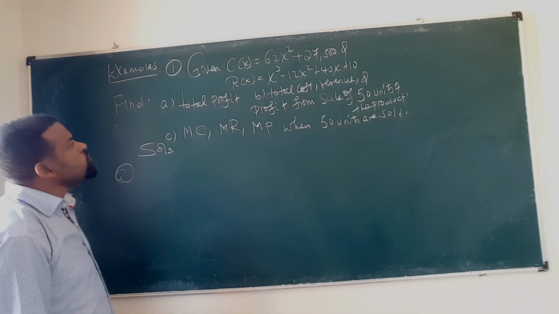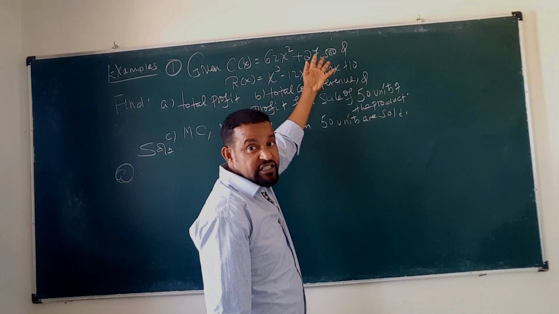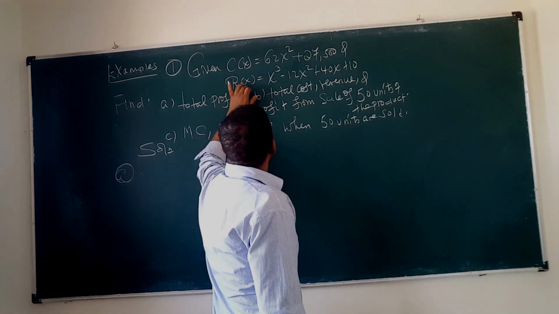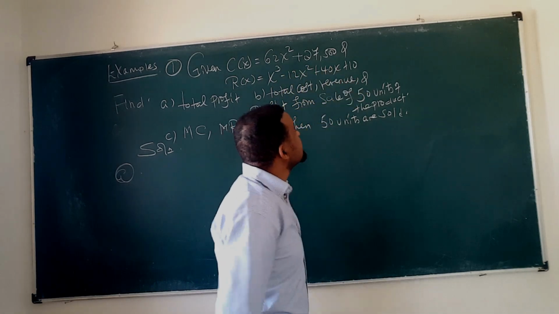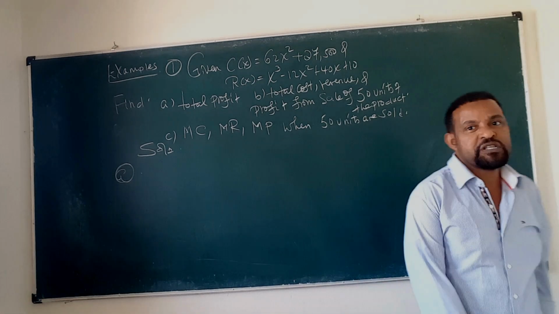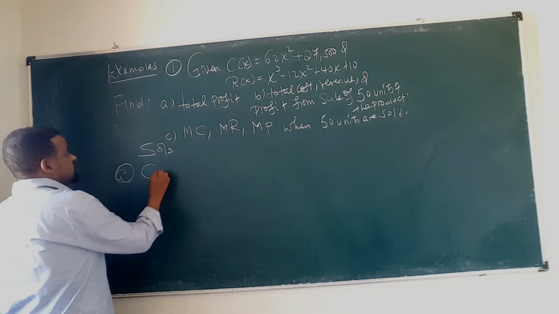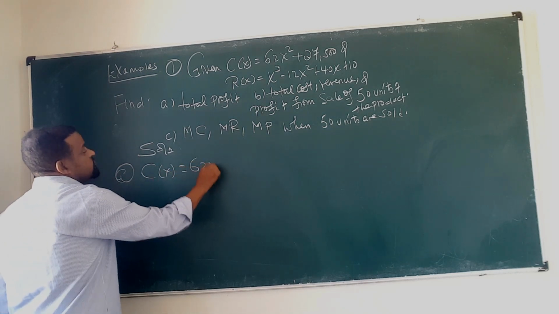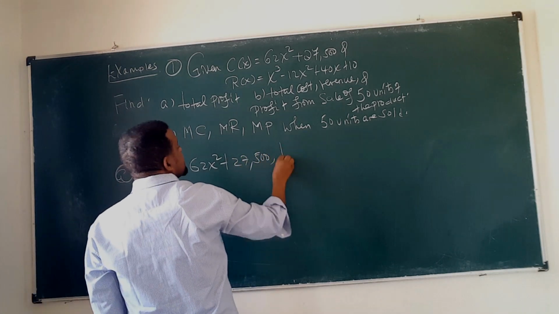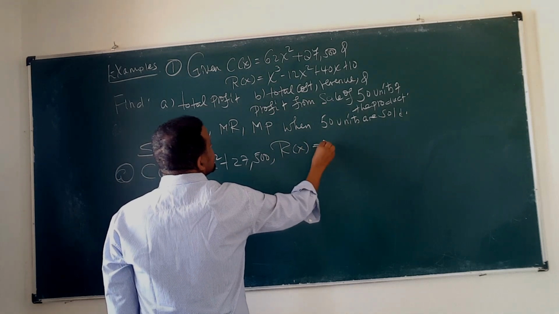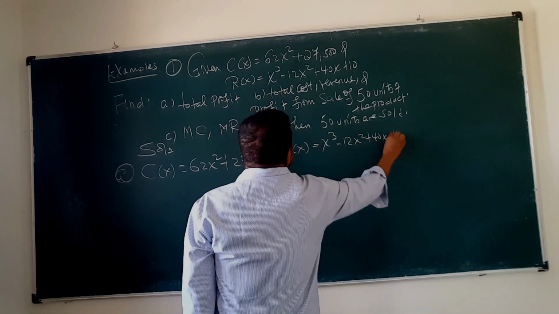Given that the total cost function is 62x squared plus 27,500, and the revenue function is x cubed minus 12x squared plus 14x plus 10, from the production and sale of x units.